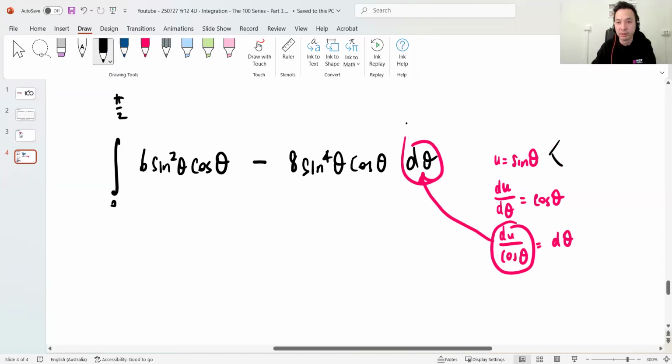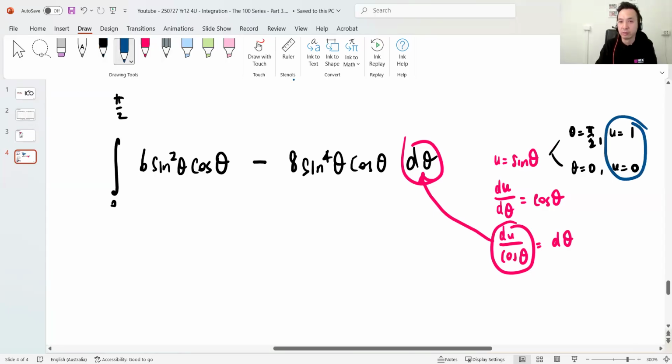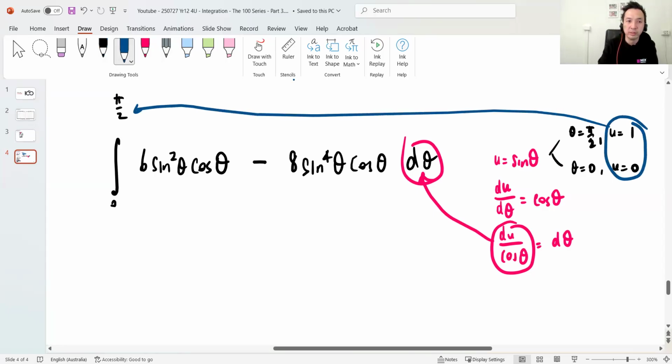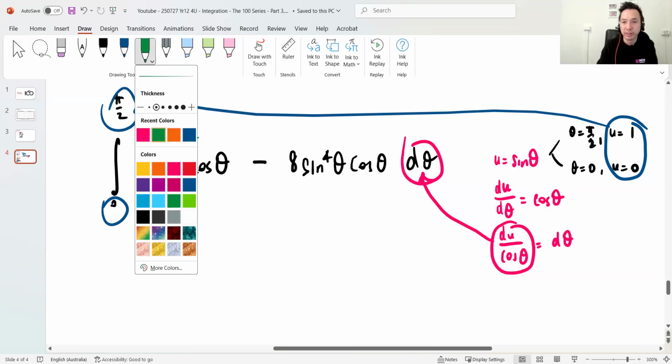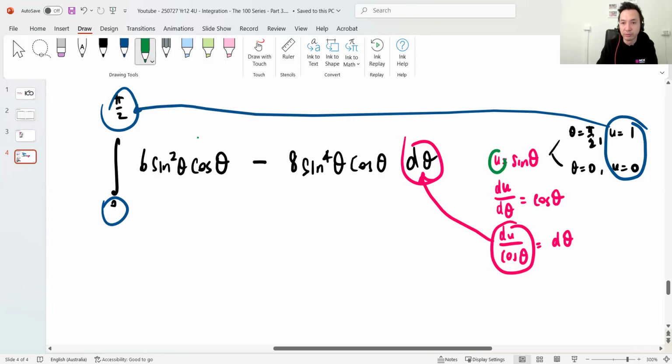When theta is pi on 2, u equals sine pi on 2, which is 1. When theta is 0, u is 0. So I'll be subbing that over here, and I'll replace each element with u in the sines.